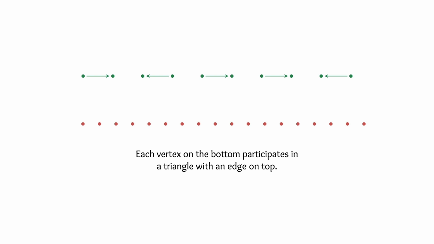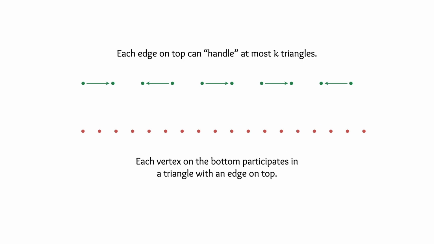But on the other hand, from the first reduction rule, we know that every edge in this reduced graph can only participate in at most k triangles. So each of these edges on the top can only account for k vertices from the bottom. So this tells us that the total number of red vertices couldn't have been more than k squared, because there are k arcs on the top and each of them account for at most k vertices each.